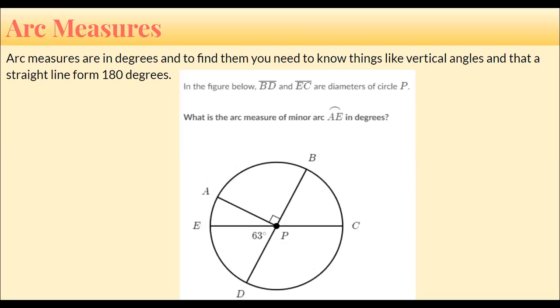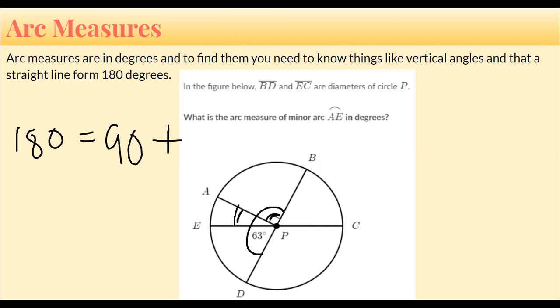Now, it says in the figure below, line BD and EC are the diameter of circle P. What is the arc length of the minor arc AE in degrees? So essentially talking about this little angle. We know that the total measure is 180, which is equal to, we know that this small AB, this small part, is 90 degrees, plus it gives us 63.